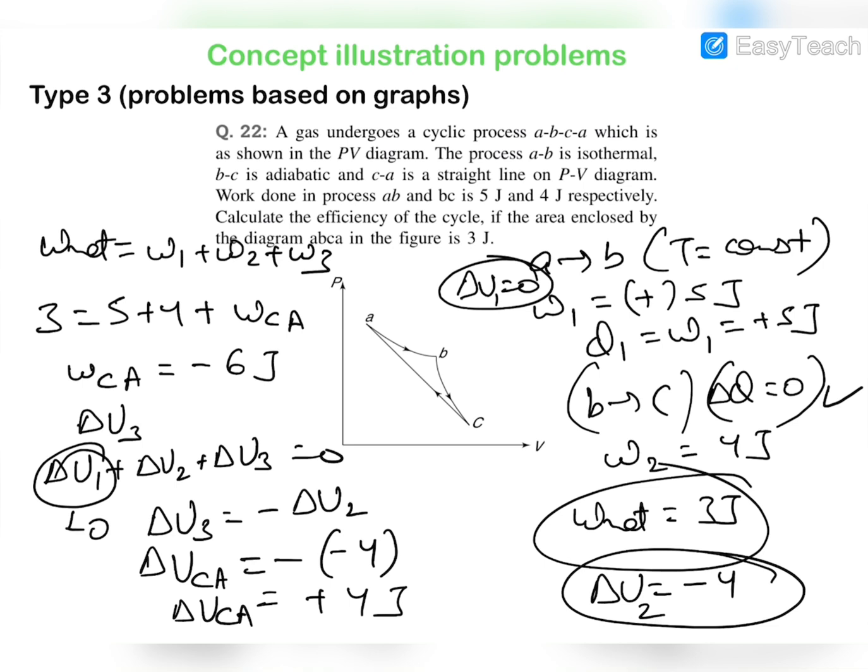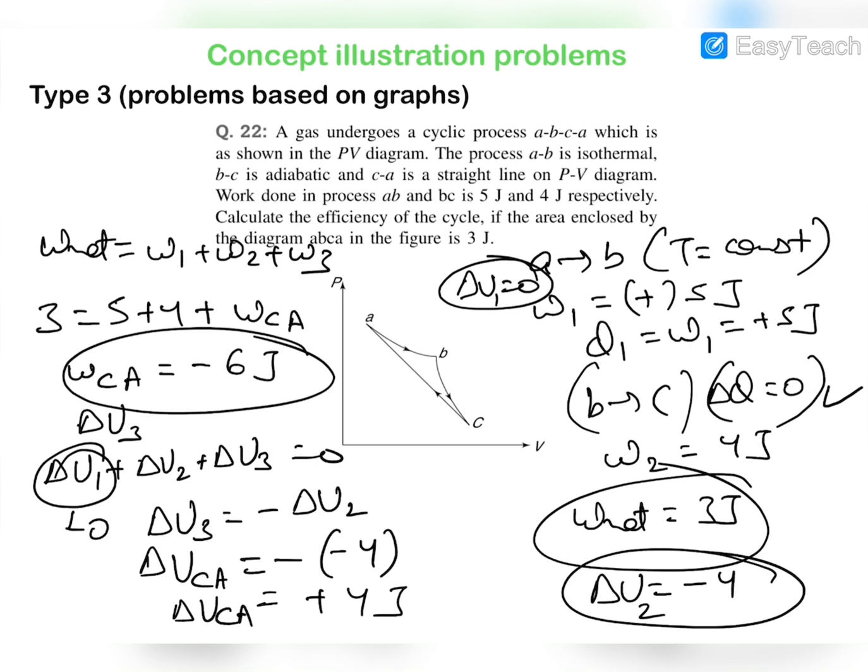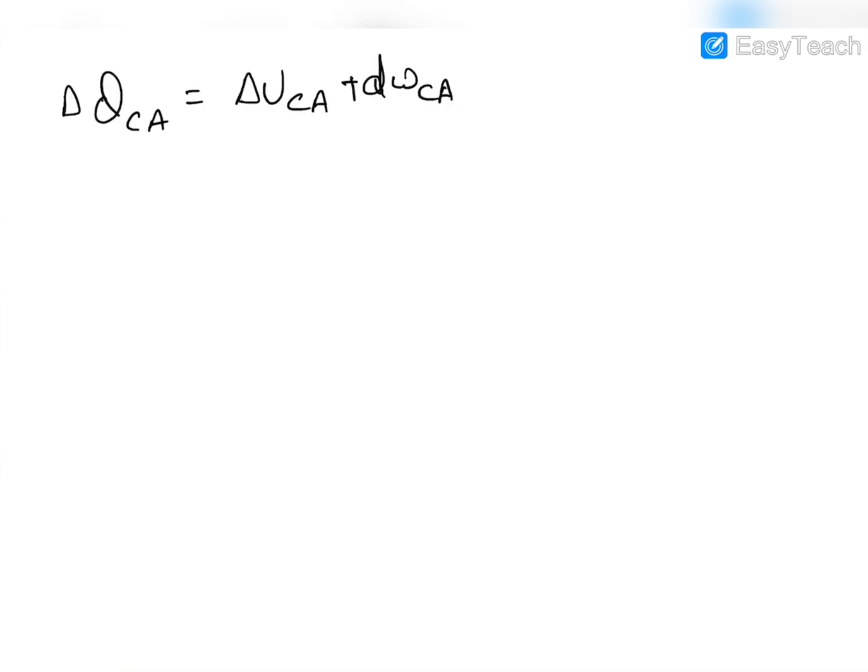And work done in C to A is this one. So we know that heat supplied in C to A will be delta U in C to A plus work done in C to A. So heat supplied in C to A will be minus 6 plus 4 joule, and this would be equal to minus 2 joule.